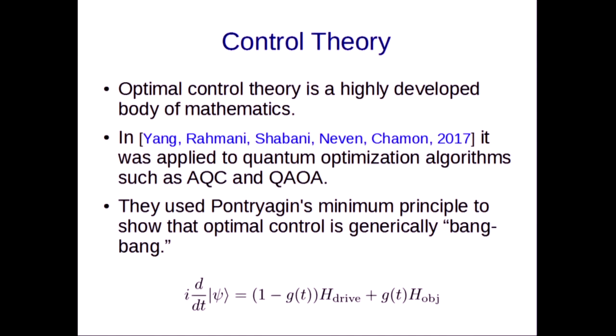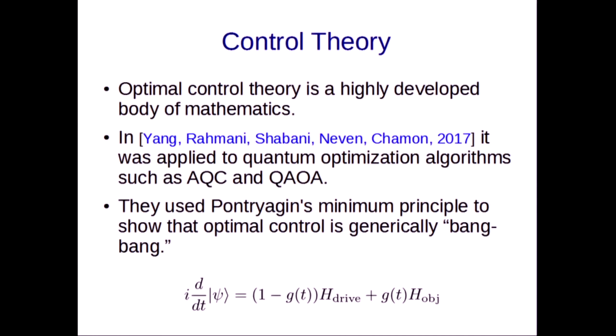And so now let me move on to the other half, which is about applying control theory, together with exploiting this analogy between the Schrodinger wave equation and the corresponding diffusion equation that exists in the case of stochastic Hamiltonians.